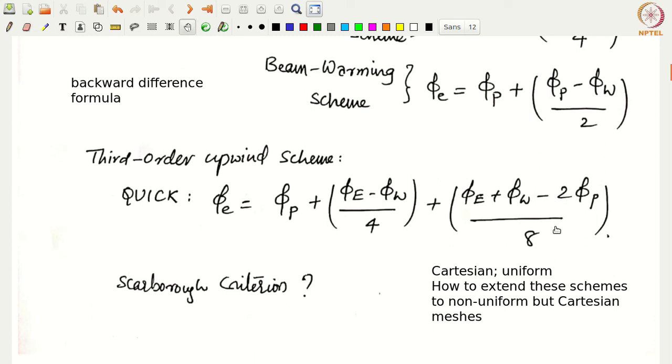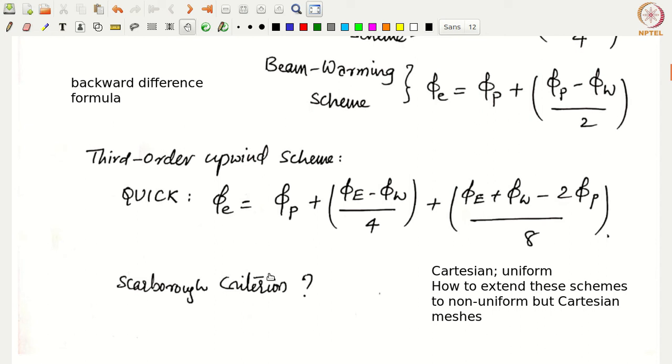You have a minus 1/4 coefficient here, which makes the central value aP go down. These negative coefficients are not good because they do not satisfy the Scarborough criteria. The moment you have them, the diagonal dominance would not be respected.